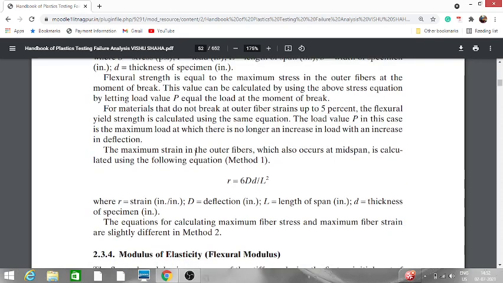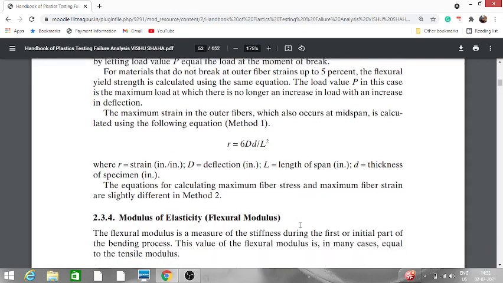Now the maximum strain is given by R equals 6DD upon L square, where R is strain in inch per inch, D is deflection in inch, L is length of span, and d is thickness, okay, of the specimen. Small d is the thickness of the specimen, capital D is deflection. The equations for calculating maximum fiber stress and maximum fiber strain are slightly different in method 2.